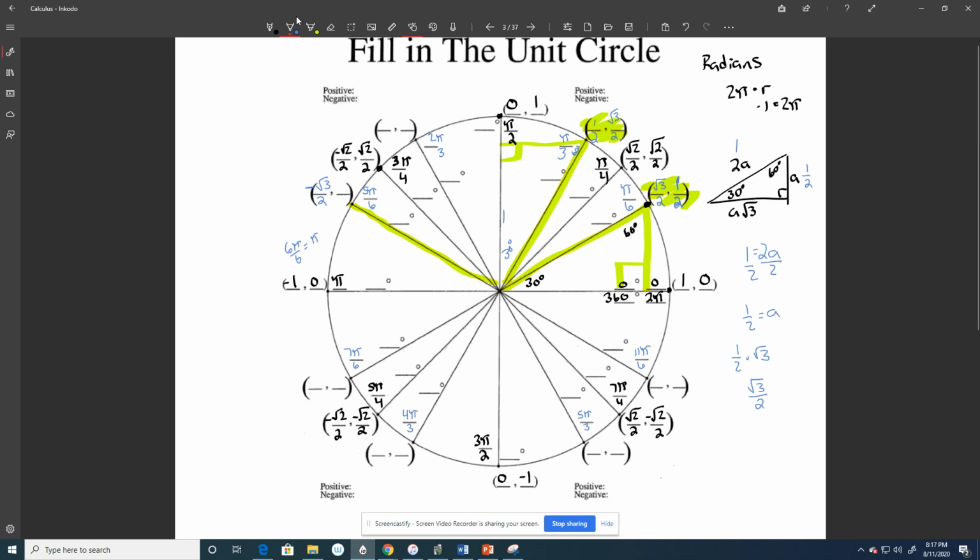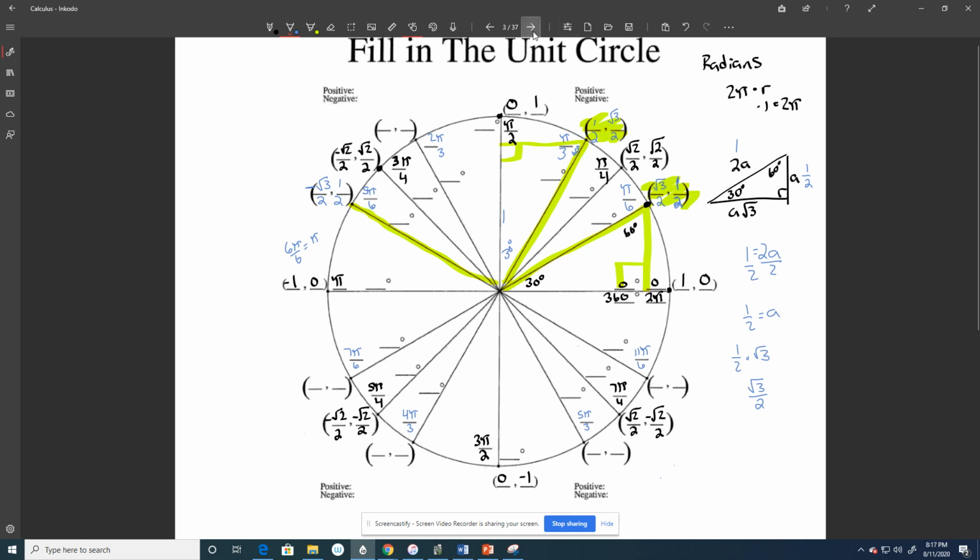But I'm still going up the same distance, which is just 1/2. Okay, so from there, see if you can fill out the rest of this circle. See if you can take the pieces that we know and use those to fill out the rest of these unknown coordinates. And what we'll do in class, we're going to do this a couple of times in the classroom from start to finish. And slowly, hopefully you can start doing this without any guidance. You can just do it on your own.